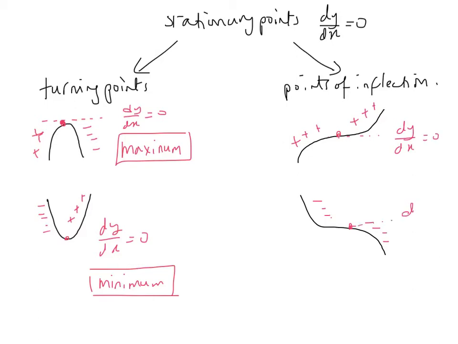Similarly here, dy over dx equals 0, except now the gradient doesn't change sign, it just goes from positive to positive or negative to negative, and these 2 points are called points of inflection. So to summarize, we have stationary points where dy over dx equals 0, and they fall under 2 categories. We have turning points, which is a maximum or a minimum, or we have points of inflection, which look like that.